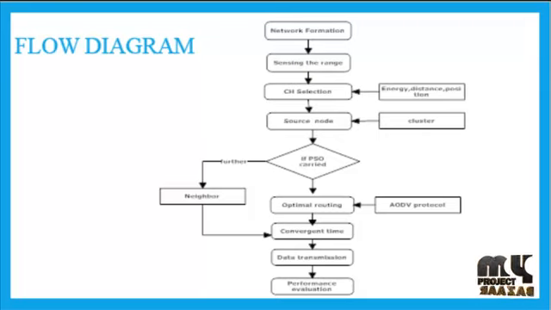The data transmission is done using the TCP connection protocol. The node is selected based upon the energy and the position of the node. If the node is nearest to the destination, then it sends the data to the destination, else it sends the data via a neighbor. After the data transmission, we do the performance evaluation.